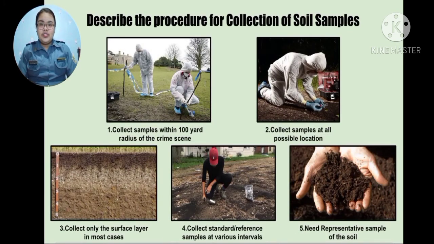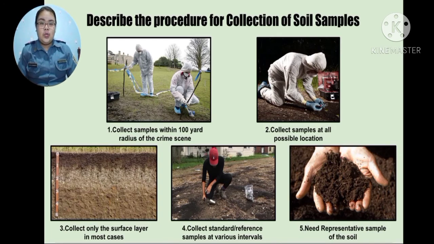Slide number 4, describe the procedure for collection of soil samples. So first, collect samples within 100 yards radius of the crime scene. Kailangan daw po natin i-collect yung mga samples sa iba't ibang mga lugar or agwat within 100 yard radius doon sa crime scene. Second, collect samples at all possible locations.